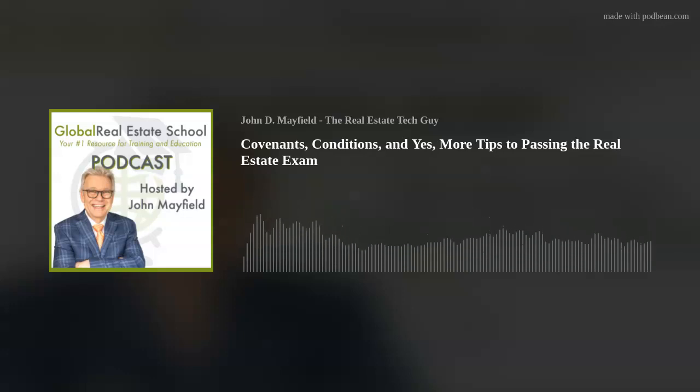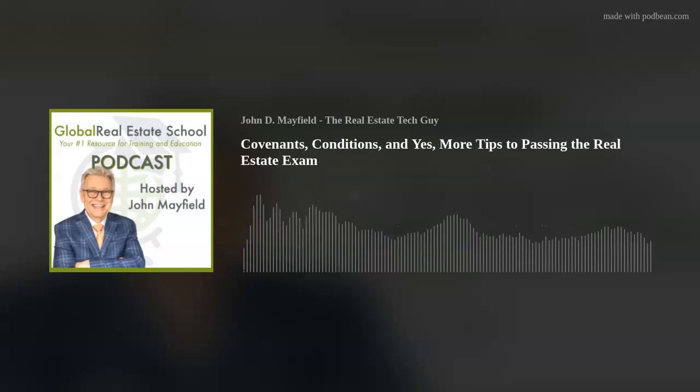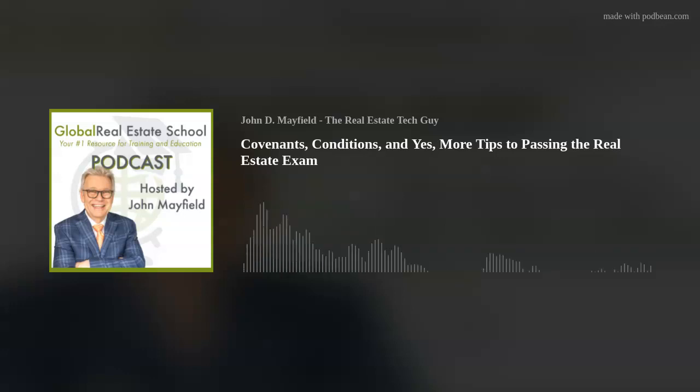Covenants have the words promise, undertake, agree, where conditions are words of if, when, unless. Again, covenants are unconditional promises contained in contracts. Conditions, on the other hand, are contingencies, if, when, and so forth.